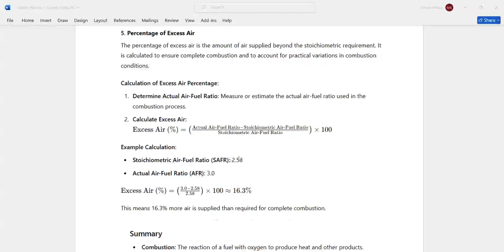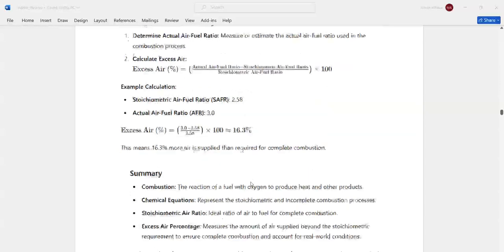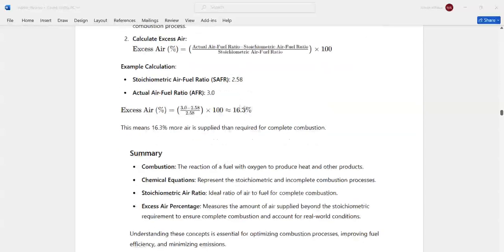For example, if the stoichiometric value is 2.58 and the actual fuel I use is 3, then I have 3 minus 2.58, divided by 2.58, multiplied by 100, and that means my excess air would be around 16.3%. So it means 16.3% more air is supplied than required for complete combustion.